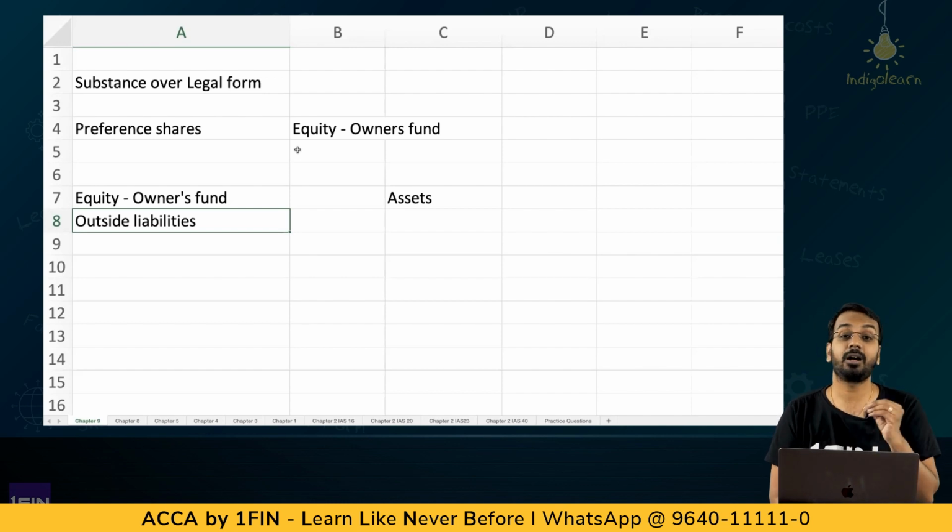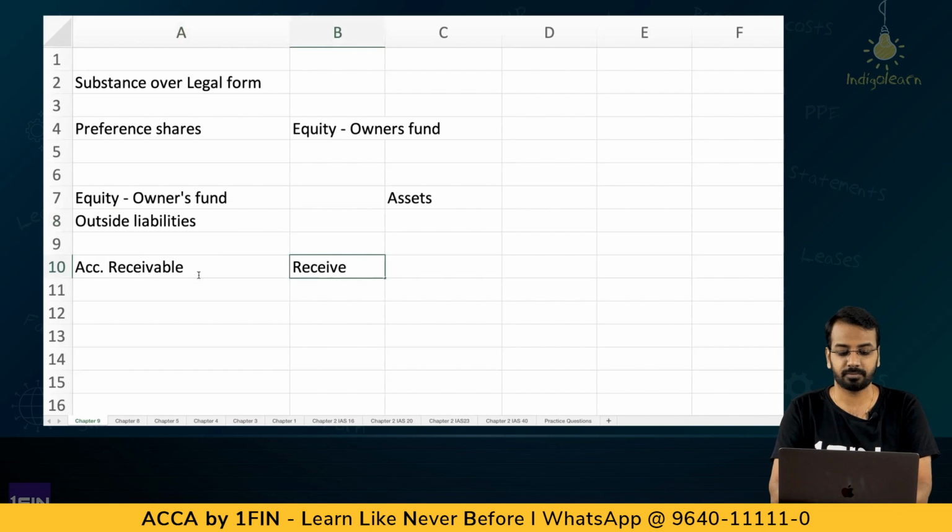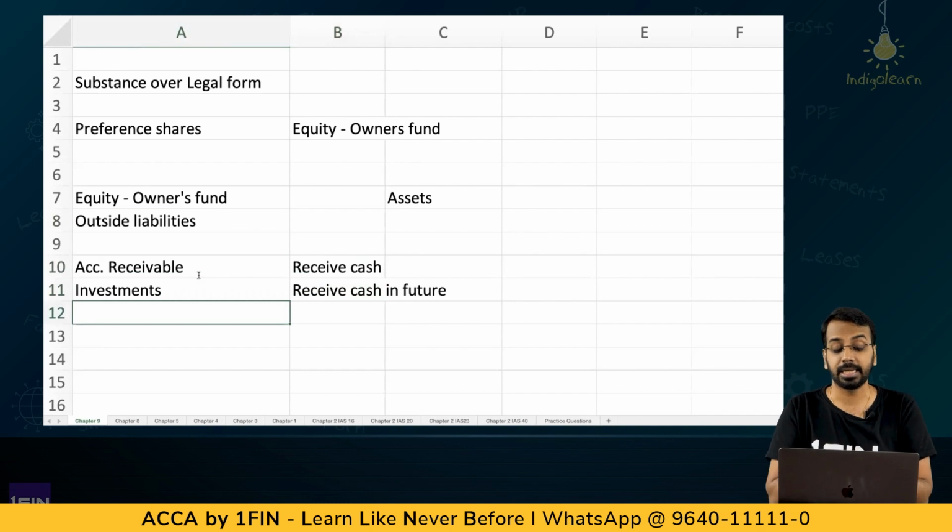But when it comes to assets related to money, for example, account receivable is what? Somebody has to pay you cash. When I say account receivable, we have to receive cash. Or if you have made some investments, you will receive cash in future at some point of time, correct?